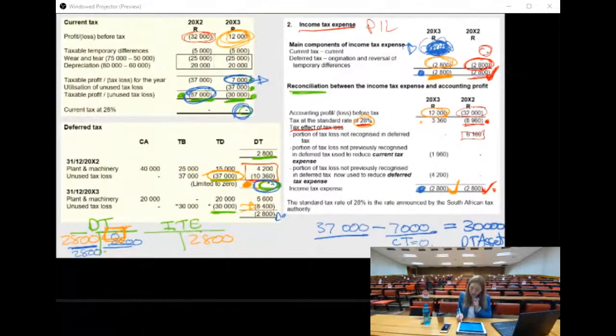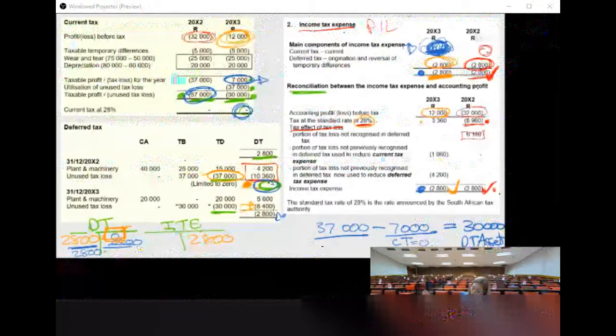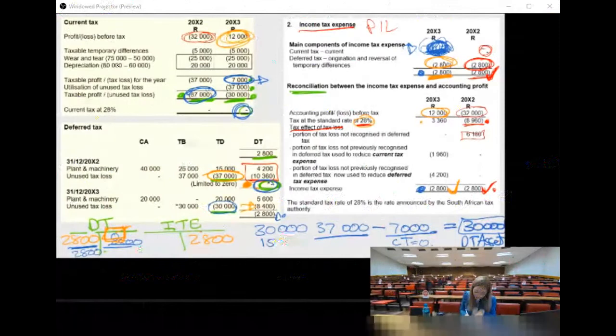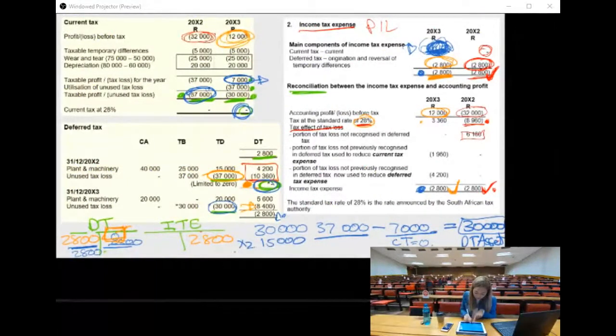But of that 30,000, we have actually already recognized, what's the amount? So we have recognized 4,200. Of that 30,000 that's still unused at the end of X3, we have actually already recognized 15,000 in X2. Okay, why do I say that?